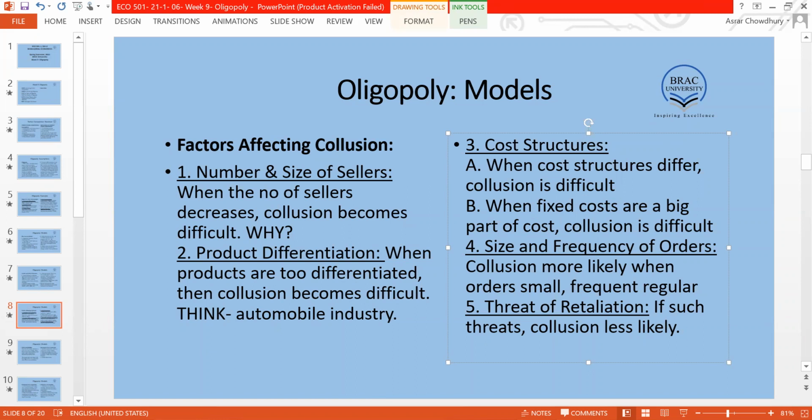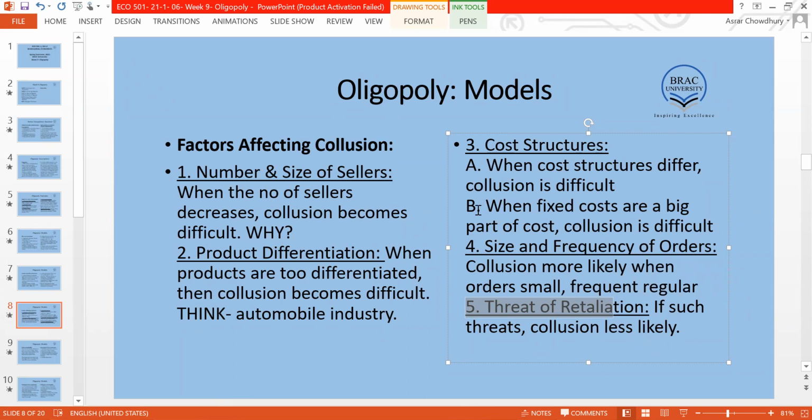Then what will happen over time? Our number 5 will come in, right? The more efficient firm can retaliate over time. Do you agree? Yes, sir. If as a firm we get the upper hand and retaliate, then the one that's not efficient will fall.